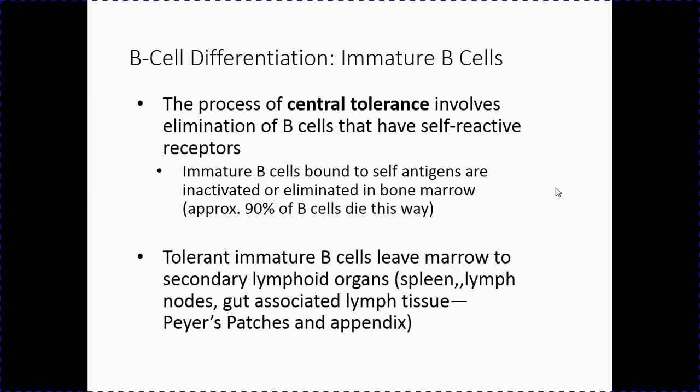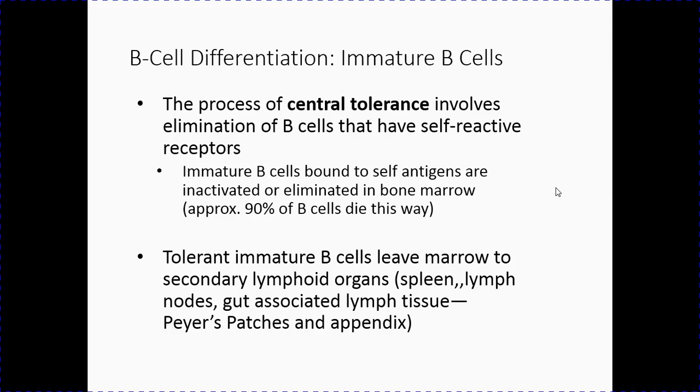B cell differentiation of immature B cells also includes kind of our test method. As we saw with T cells, we tested those T cells to see if they reacted with self-antigens and unrecognized self-MHC. And we either accepted those cells that had a responsiveness with self-MHC, an appropriate response, or we deleted those cells that reacted with non-MHC self-antigen, so we don't end up with autoimmune disease.